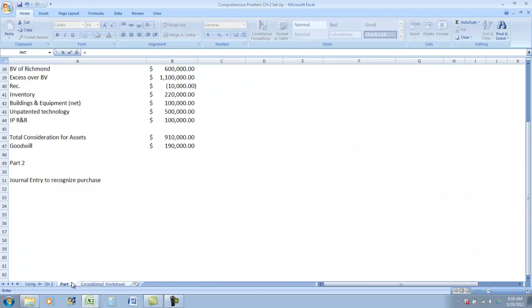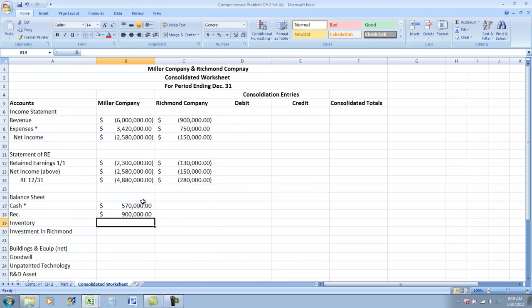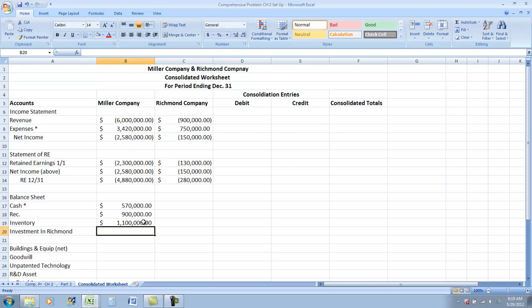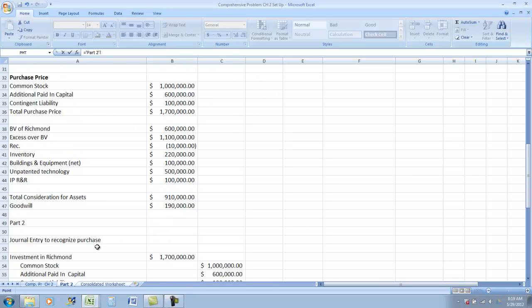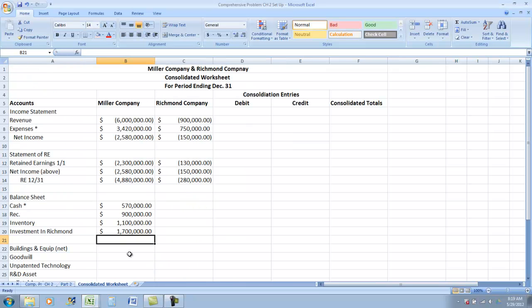Receivables. Inventory. Investment in Richmond. This is how much we paid for Richmond. So in part 2, when we made the journal entry, investment in Richmond, there we are.